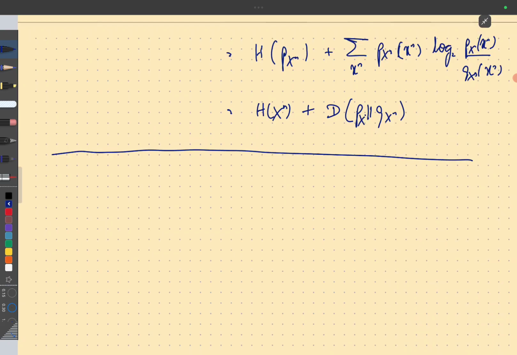Great. So that gives us some motivation to look at the KL divergence. But let's look at the definition again.